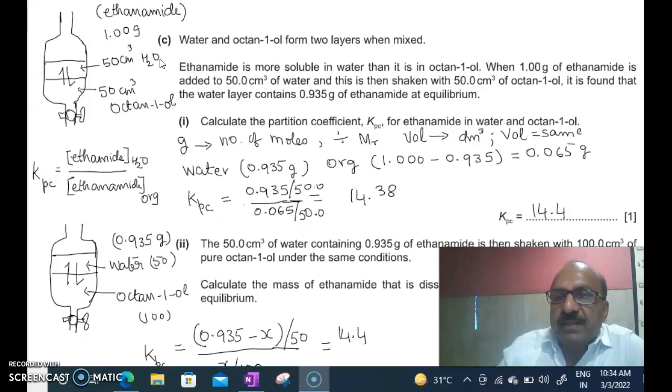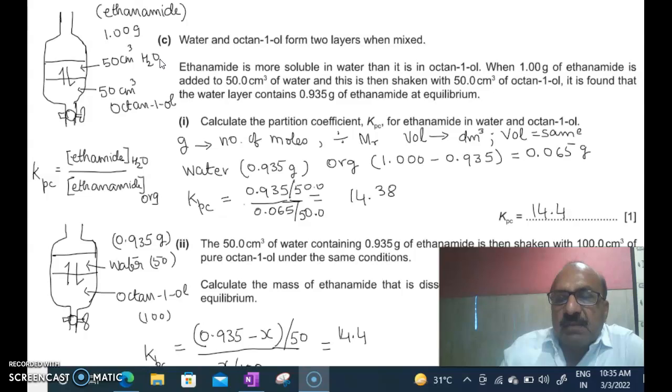So to simplify that, we don't need to consider the Mr and we don't need to convert the volume to dm³. So simply you can take the mass in the water layer. Now because they have written in water and octane-1-ol, it means that water should be in the numerator.